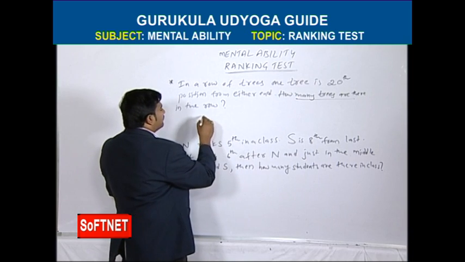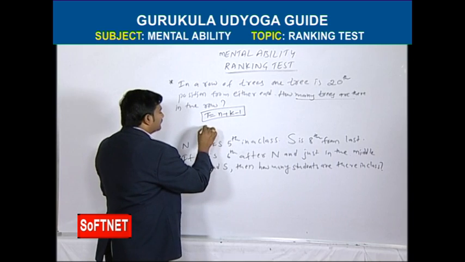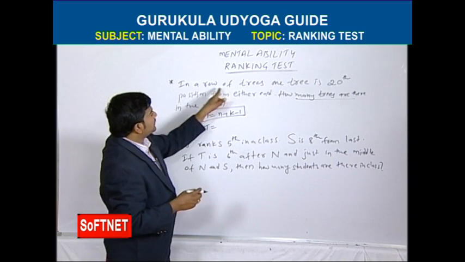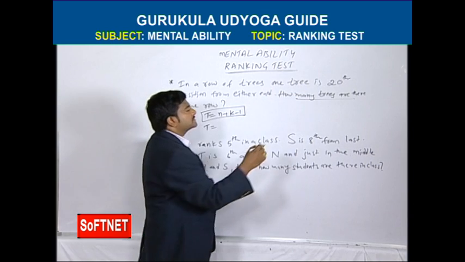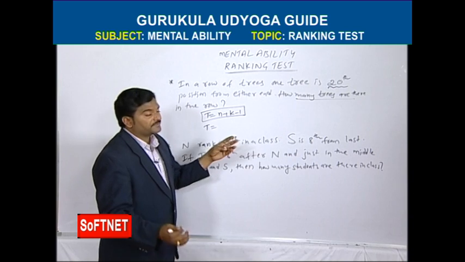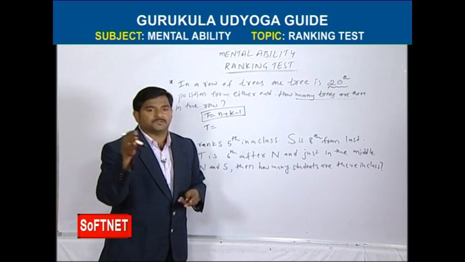So the usual formula is T is equal to n plus k minus 1. This is the formula, no issue with this. We have to find the T value only. In a row of trees, one tree is 20th position from either end. So from the left it is 20th position, from the right it is 20th position.